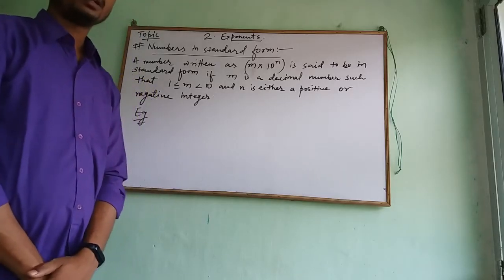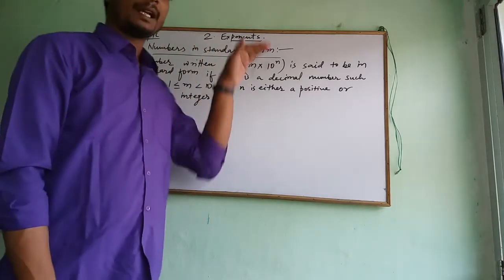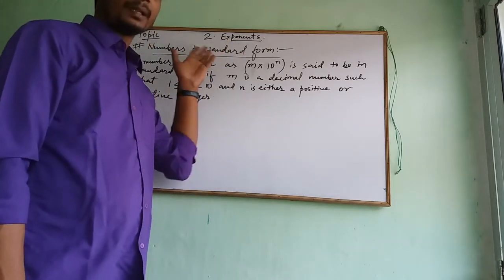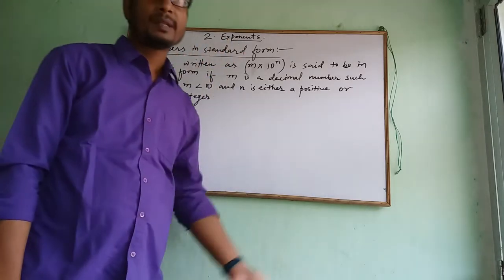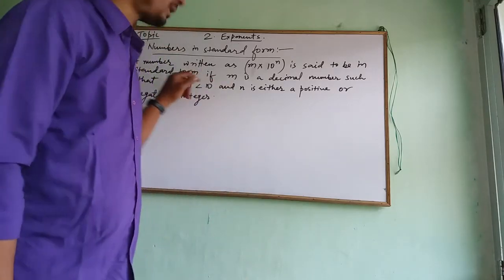Okay, students. Now let's come to our next topic. Our next topic is numbers in standard form. In this topic, we will discuss how to represent a number in standard form. So let's have the definition first.